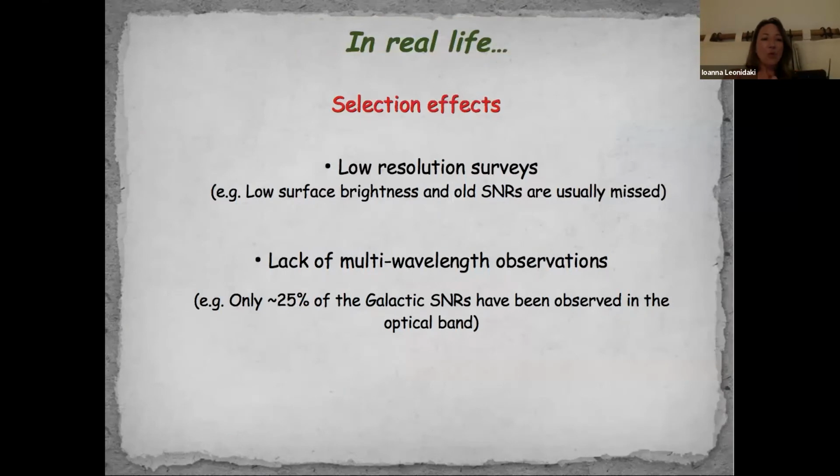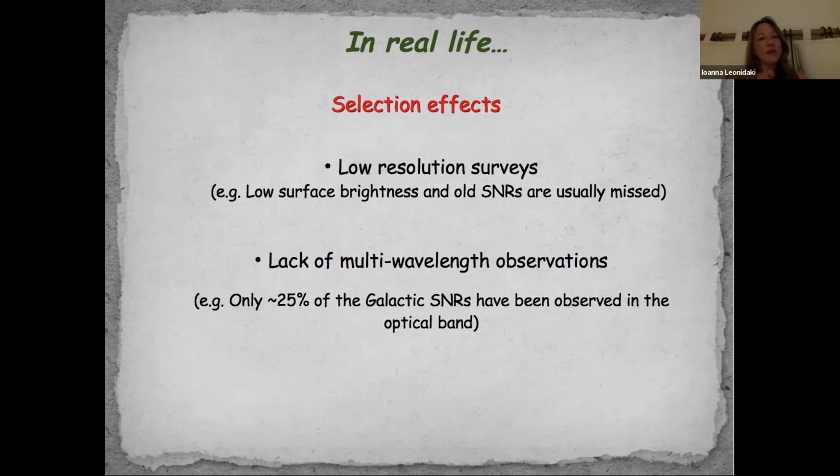And we should also not forget to always take into account the selection effects that can dramatically change or hamper the detection of SNRs. So we're talking about low resolution surveys, where low surface brightness or more mature SNRs can be missed.